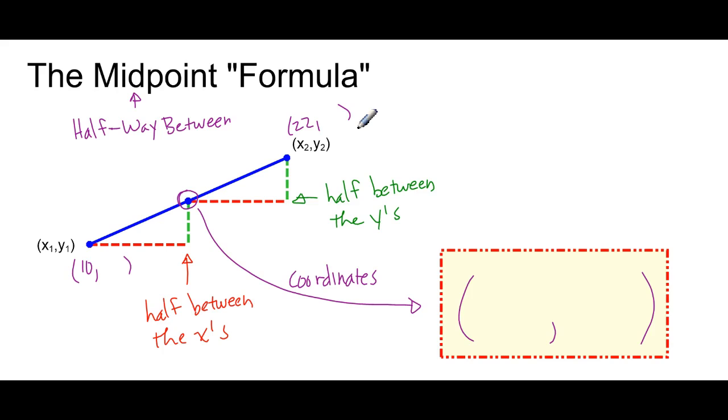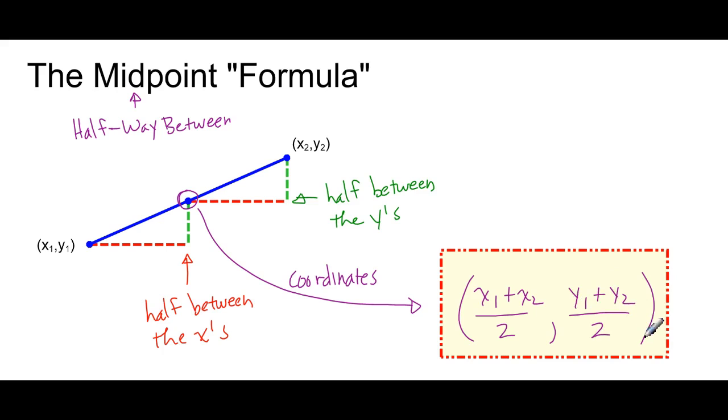Halfway between 10 and 22, you're finding the average. The middle point between two numbers is the average. So if what you're doing here is finding an x-coordinate that's halfway between the x-coordinates, what you're going to do is the regular formula for average. You're going to take those x-coordinates, add them up, and divide by 2. And if you're going to do the same thing for the y's, you're going to find a y-coordinate that's halfway between the y-coordinates you're starting with.